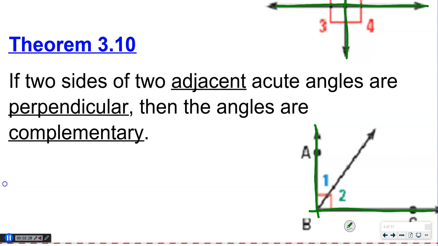They are side by side and touching. Then they're going to be complementary. So we know that the larger angle ABC is 90 degrees, and because 1 and 2 are split within that 90 degrees, they have to add up to 90 degrees. So they might both be 45, or they could be different angle measures, as long as they add up to 90.